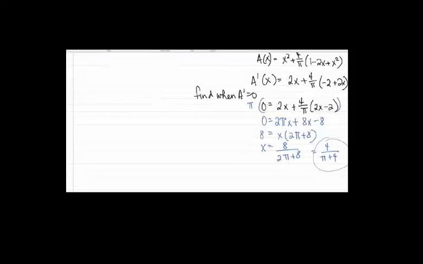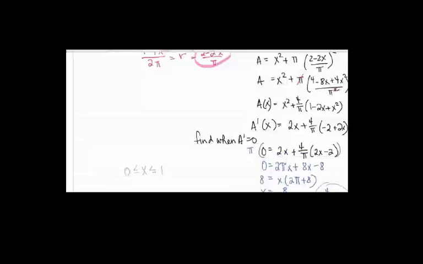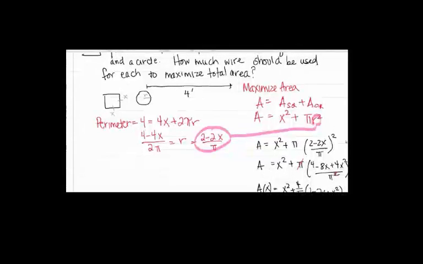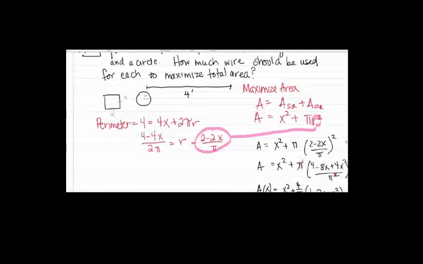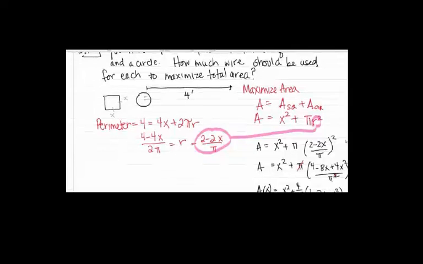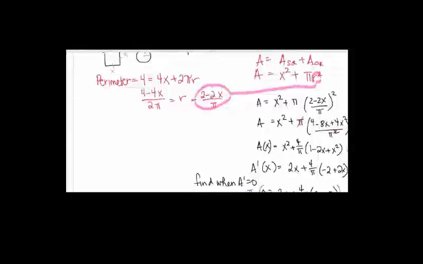Our domain for x is actually between 0 and 1, and where I get that is back over here to the wire. If I didn't make a circle at all and just had a square, you could think of it that way, I would have used 1 foot per side of the square, or I could use 0 feet and have no square and all circle.